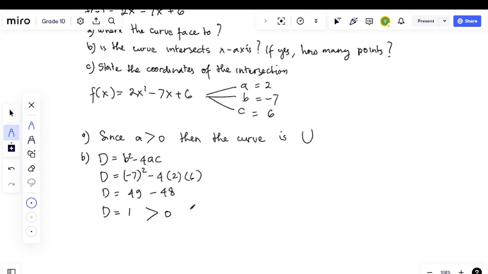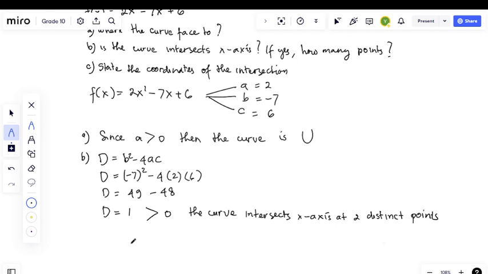So, the curve intersects the x-axis at two distinct points. Ya, pasti akan memotong di 2 titik.